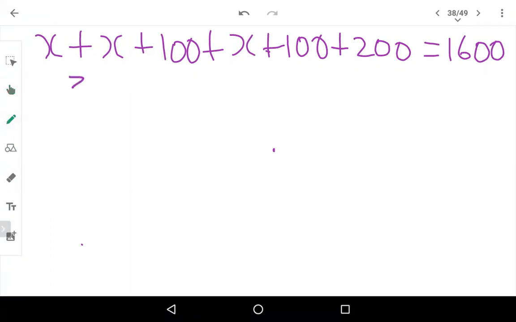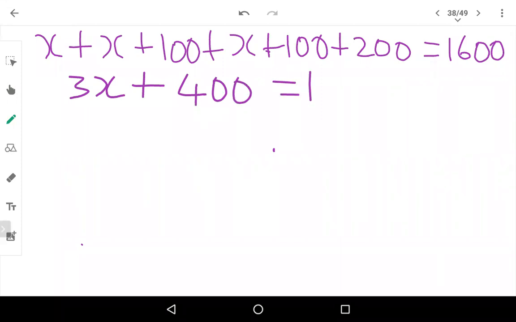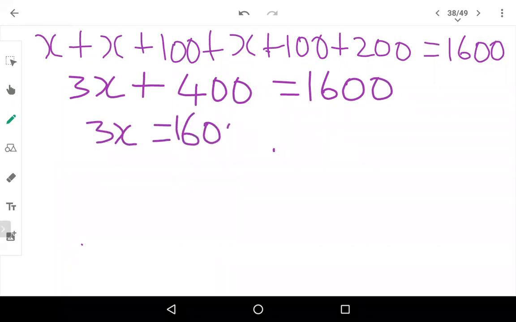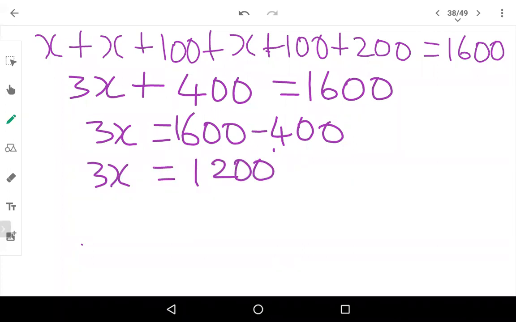So 3X plus, then what are the constants left out? 100 plus 100, that is 200, plus 200, you will have 400 is equal to 1600. Okay, so 3X is equal to 1600 minus 400. So 3X is equal to 1200. 1600 minus 400 will give us 1200.